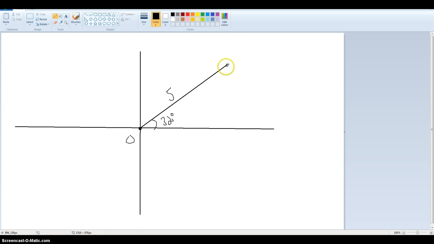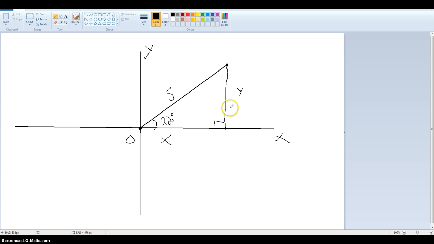So we can complete this triangle by dropping this side over here, so we have this right-angled triangle. And if we look at this, you can see that this goes along the x-axis, so we can name this the x side, and this goes along the y-axis, so this will be y. So what we need is the sine, cosine and tangent functions.